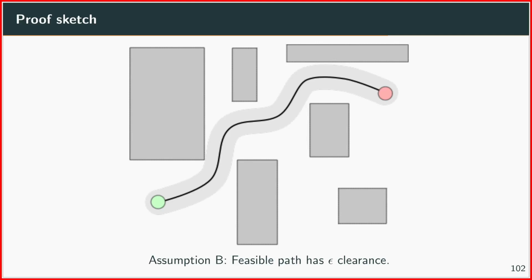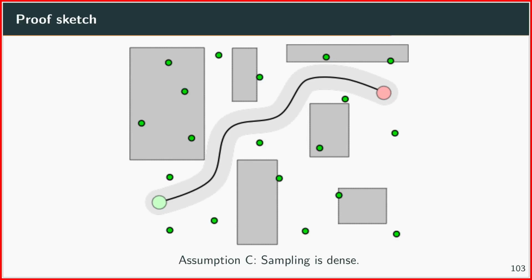So you can't have cases where the path is touching the obstacle or going at zero distance around obstacles. And the third one is that your sampling, whatever sampling you do, is dense. Usually if you just do uniform sampling of your configuration space, then sampling will be dense, so this is usually not a problem.